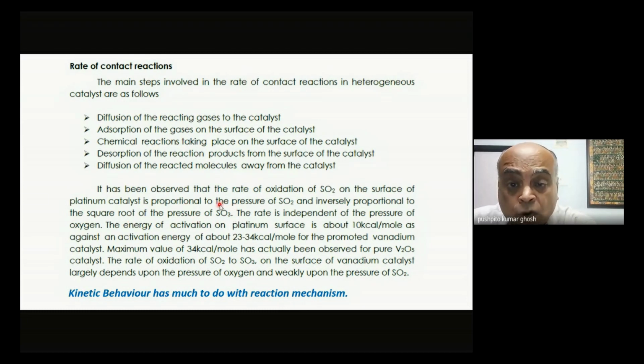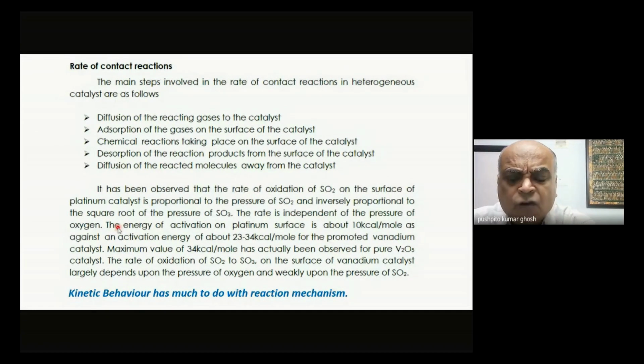That means the more SO2 I can push, the faster the reaction will be, and I need to take out the SO3 efficiently because SO3 is going to inhibit the process, because it's inversely proportional to the square root of the pressure of SO3. The rate is independent of the pressure of oxygen. That's another very interesting thing, that the oxygen pressure does not seem to be so critical.